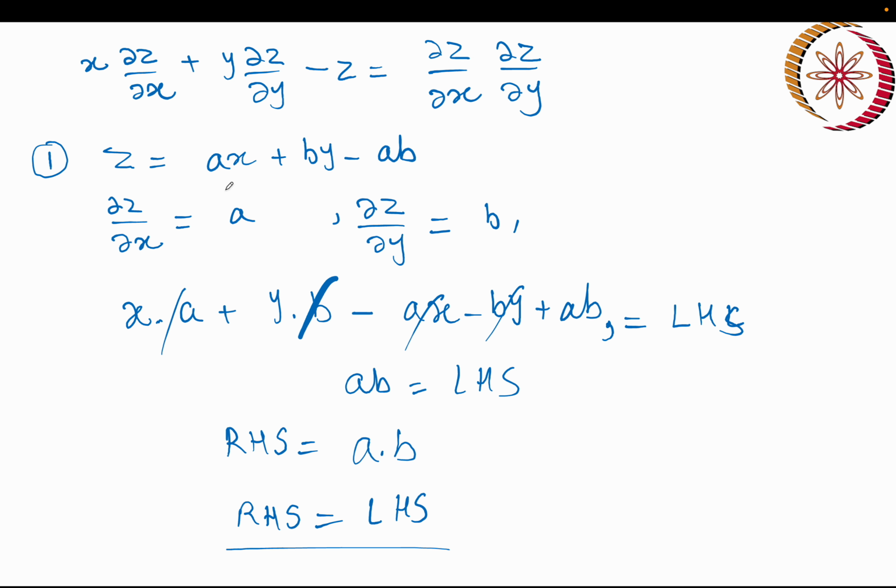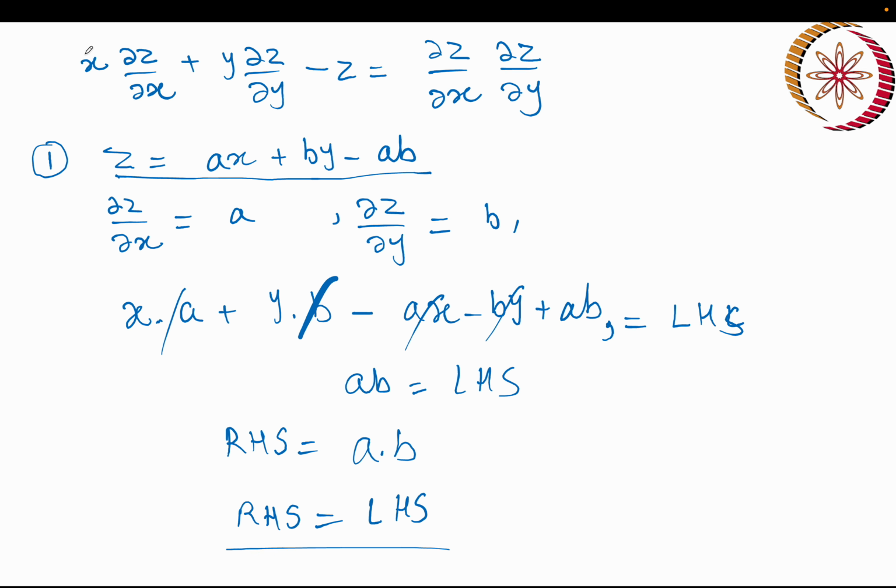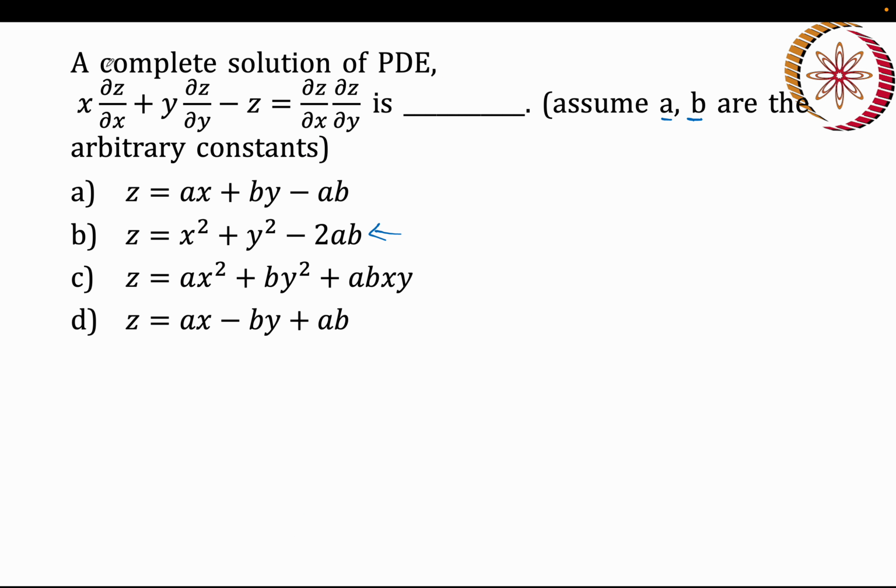So this satisfies the equation. Okay, we already have the solution. I will not try C and D, you can try those later, but we'll try B to see whether it works or not. So option B is x square plus y square minus 2ab.